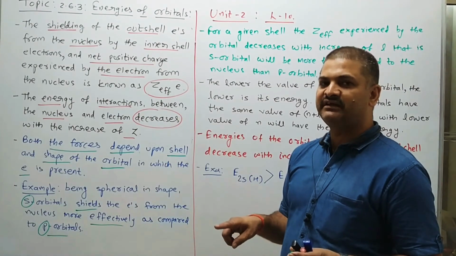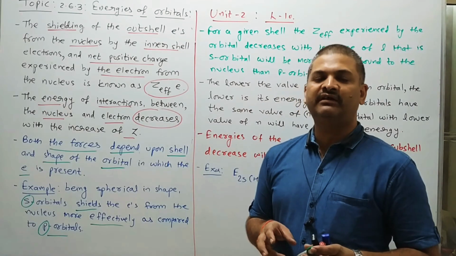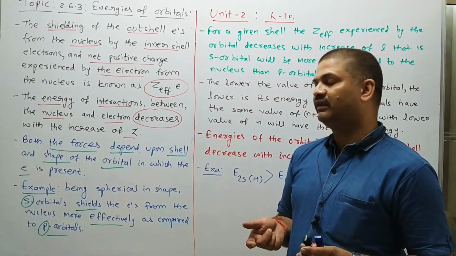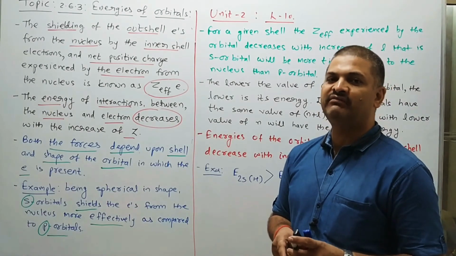Clear? Again I am repeating. देखो s will shield more effectively than the p orbital. p shields more effectively than the d orbital, and similarly the f orbital will come.